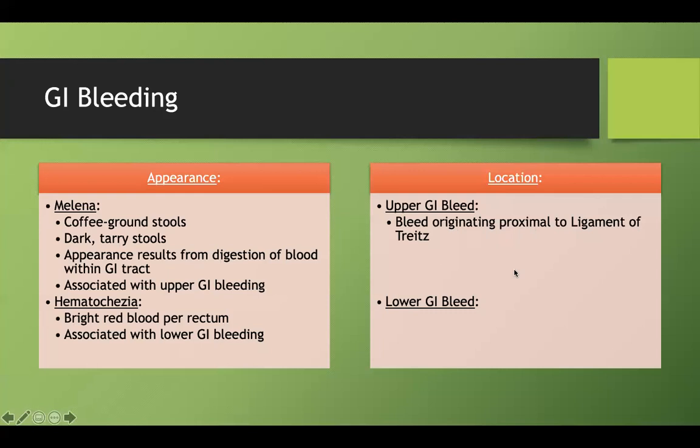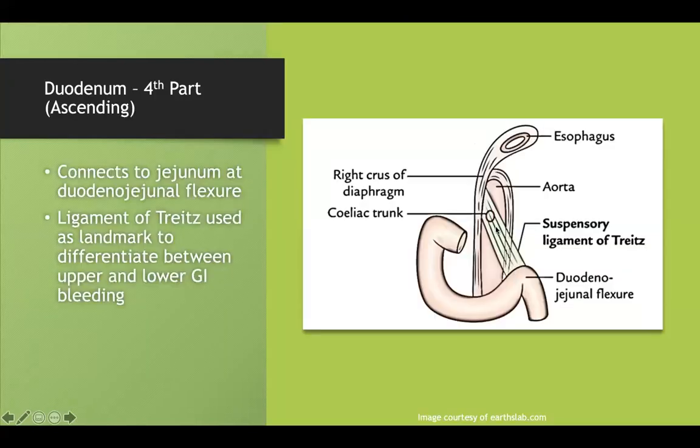And this will help differentiate between an upper and a lower. So anything proximal, the proximal duodenum, and then the stomach, esophagus, oral cavity, all of that is an upper GI bleed. On the flip side, the jejunum, ileum, colon, and rectum will all entail lower GI bleeds.